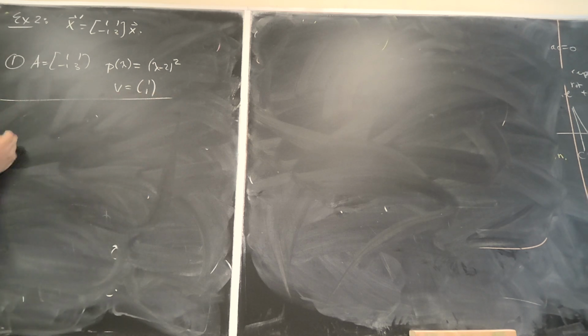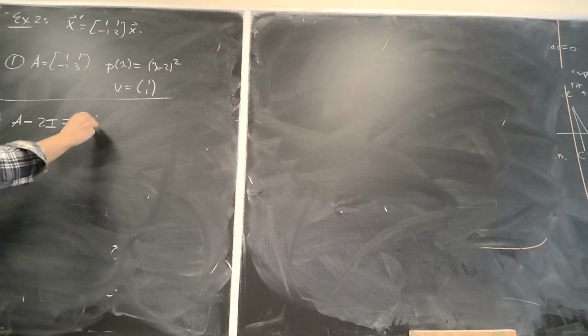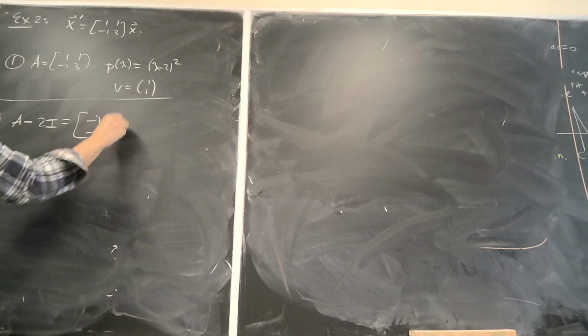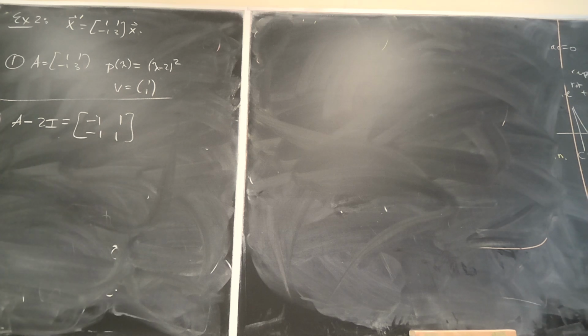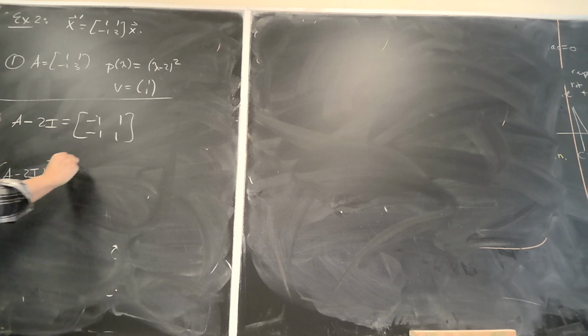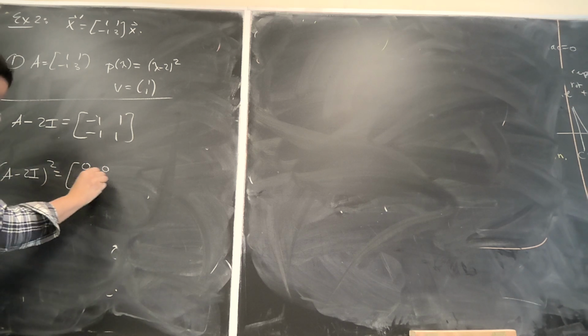If I'm trying to solve the equation, what step 2 says I'm supposed to do is write down A minus 2I, which I guess is [-1, 1; -1, 1]. And then it shouldn't be surprising that A minus 2I squared, if you actually calculate that out, you end up with 0, 0, 0, 0 again.